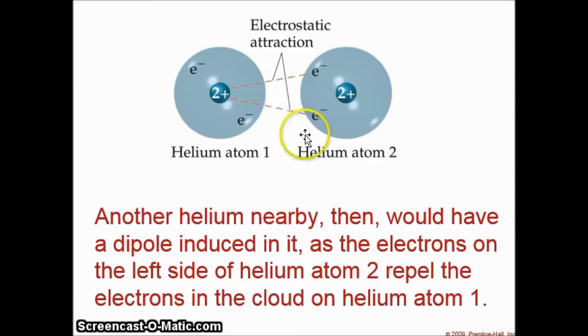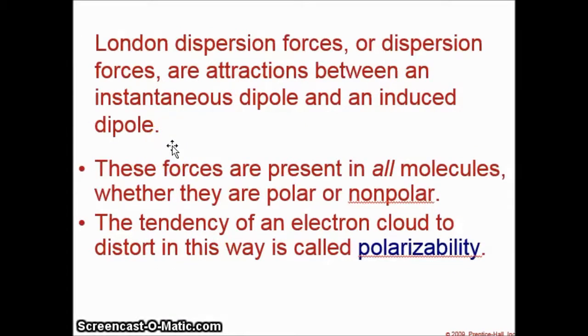Then if we bring that atom in close to another nonpolar atom, we can induce a dipole on this second atom, where the electrons are repelled further away, causing a dipole on this secondary atom. Then this attraction will occur between the negative side of one atom and the positive side of a different atom. So London dispersion forces, or just dispersion forces, are attractions between an instantaneous dipole and an induced dipole.